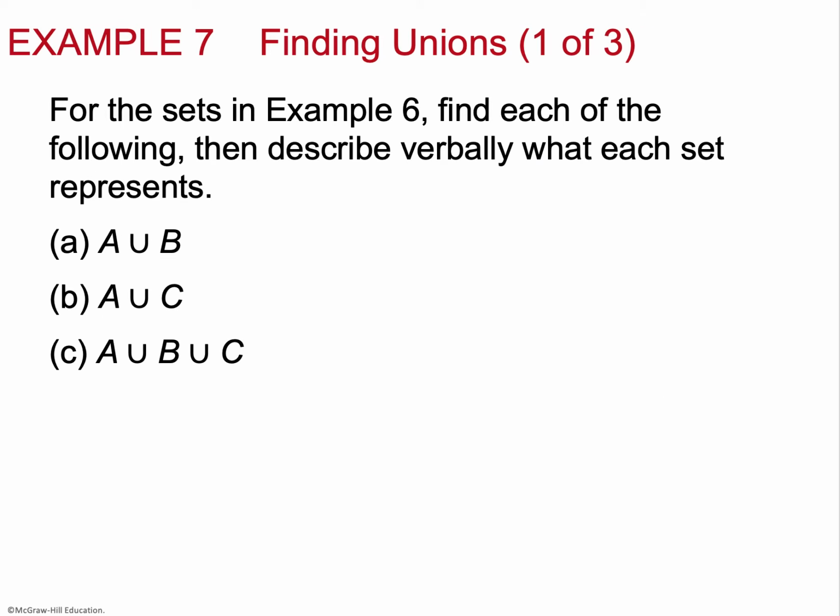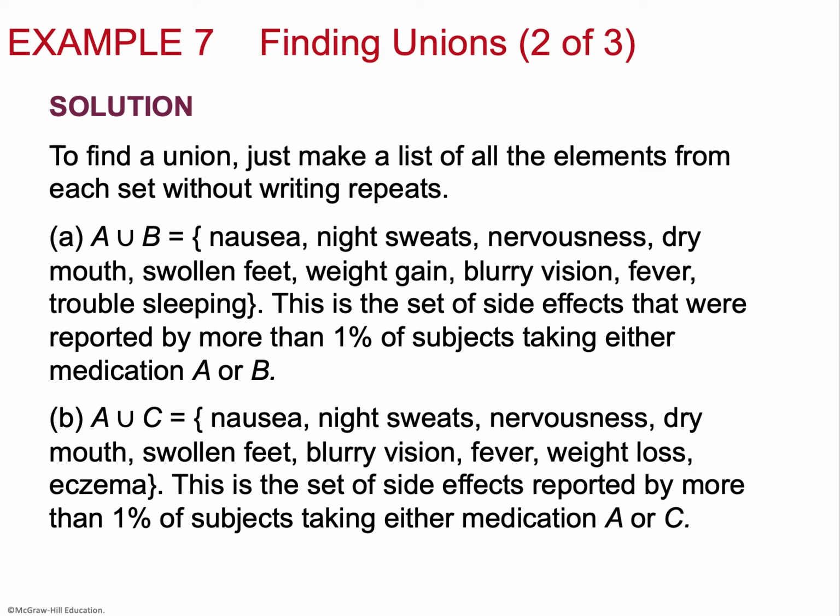So a great example of this would be the one that's given here with finding unions of A and B, A and C, or A union B union C. If I'm looking at this from example 16, so I'm referencing that earlier list of symptoms, A union B would be nausea, night sweats, nervousness, dry mouth, swollen feet, all of it.